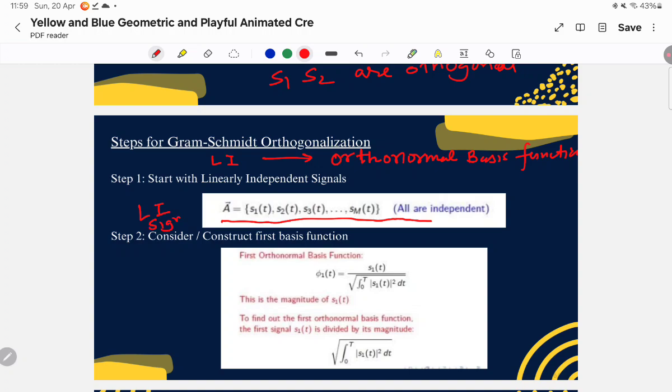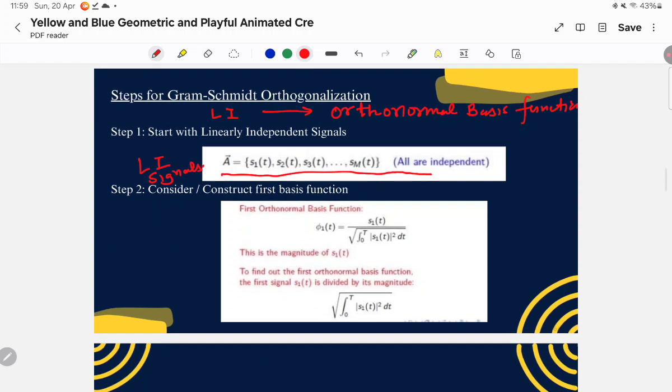LI means linearly independent signals. Now, the first step, we will consider the first orthonormal basis function. How will we orthonormalize? We will take signal S1 and divide it by its norm, which is the square root of S1 squared. This is the norm value. This is the length of S1.